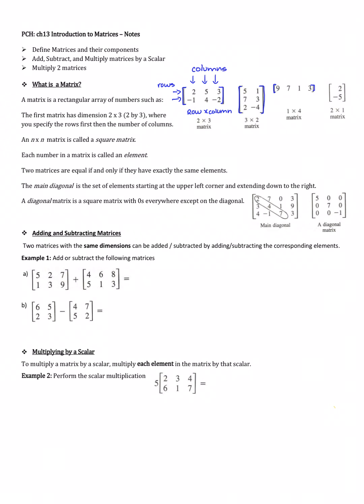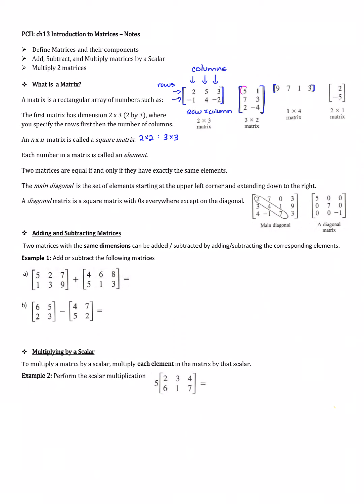An n by n matrix, in other words, the same number of rows as columns, is referred to as a square matrix, and it has some special properties that we will work with later on. Every number in the matrix is called an element.